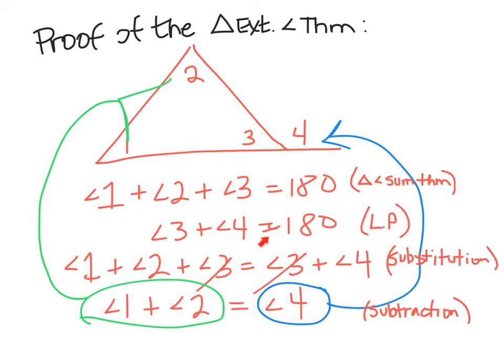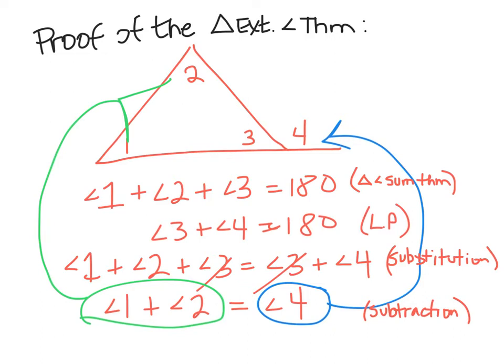Next, if I subtracted angle 3's measure from both sides of my equation, which is the subtraction property, I would end up with angles 1 plus 2 equal angle 4. And if you'll notice, angle 4 is the exterior angle, and angle 1 and 2 are the remote interior angles. So this is the proof of the triangle exterior angle theorem. So now you know it really is going to work for any triangle.